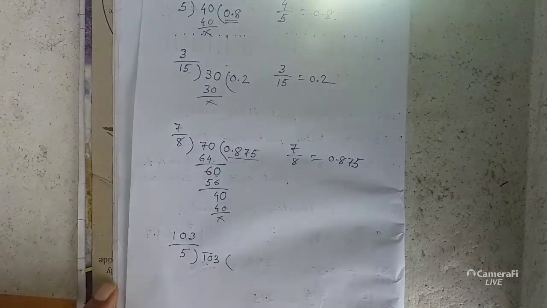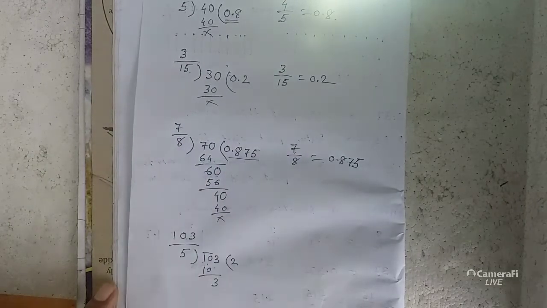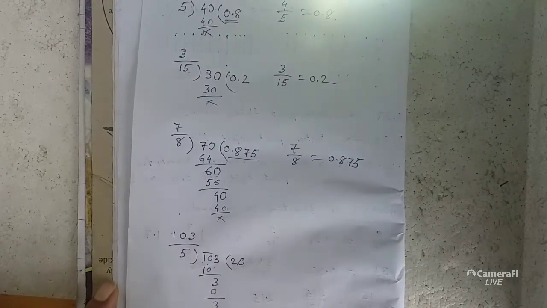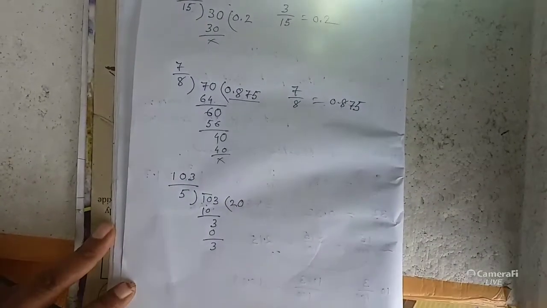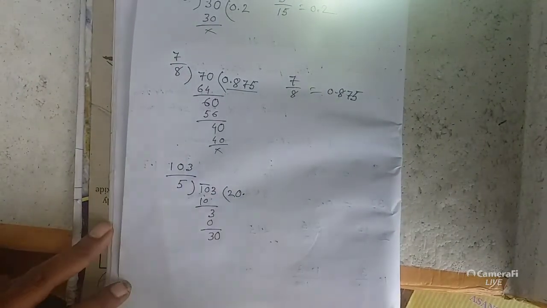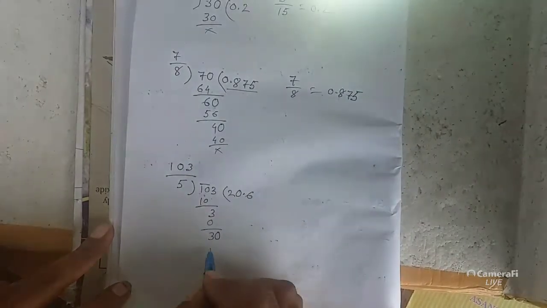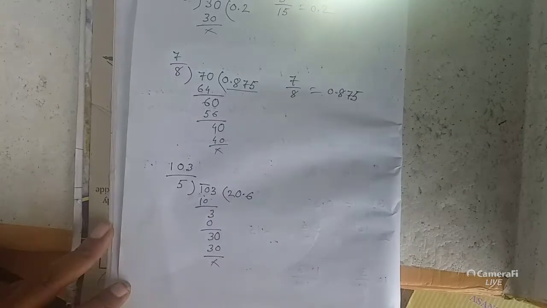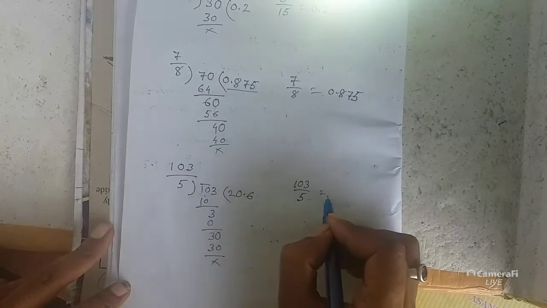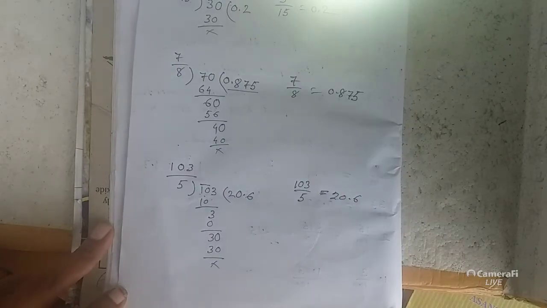So, take the first 2 digits, 5 2s are 10, subtract, we now get 0, then bring down 3; 5 0s are 0, 3 is the remainder. Now, take the decimal and take a 0 here. For the decimal we get a 0, 30, 5 6s are 30, division completed, we get 20.6. So, 103 by 5 means 20.6.